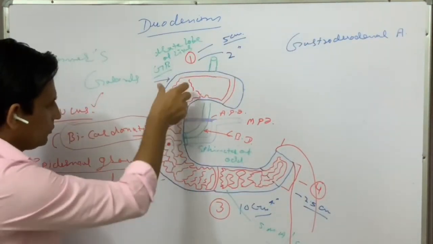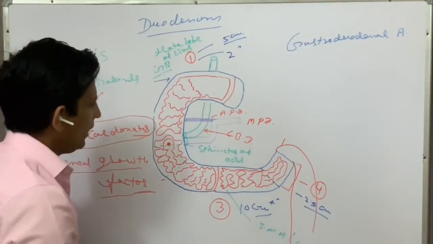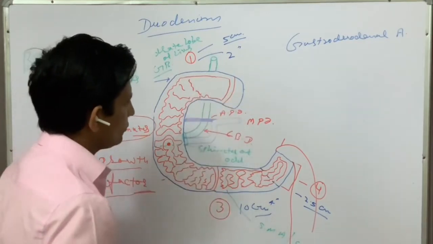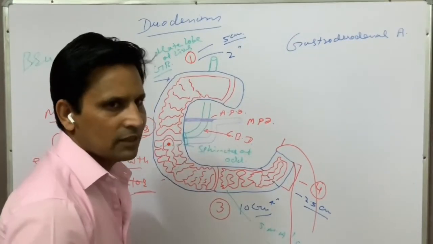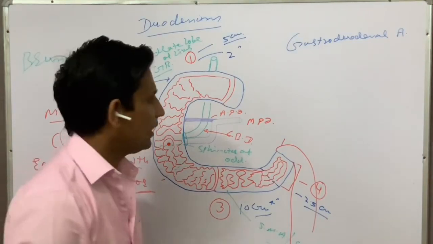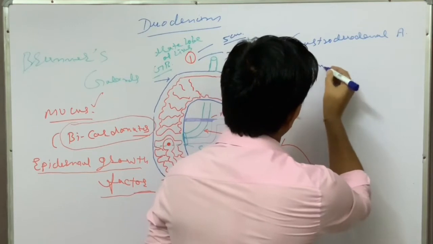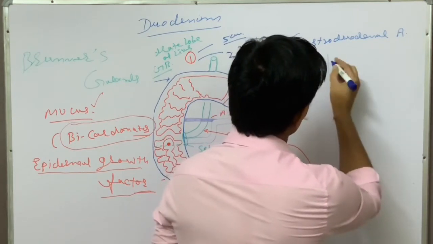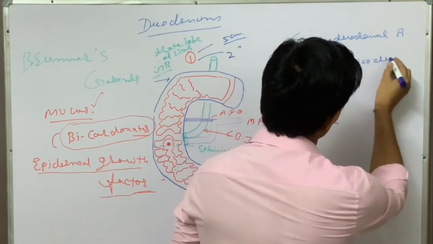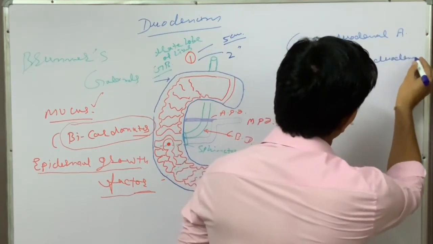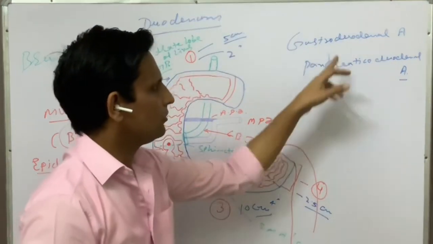And the gastroduodenal artery supplies this portion of the duodenum, and this portion is also supplied by a branch of the gastroduodenal artery, the pancreaticoduodenal artery. However, this artery is a branch of the gastroduodenal artery.